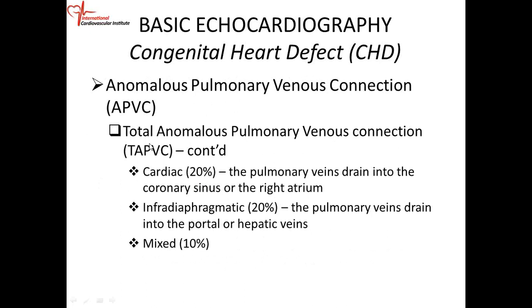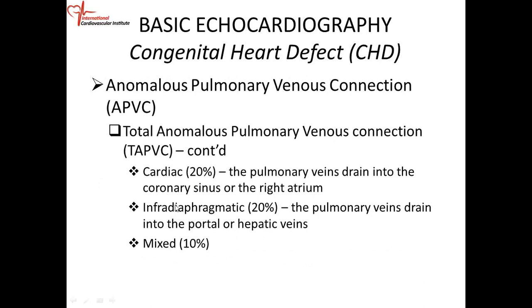Patients who have total anomalous pulmonary venous connection tend to have some other cardiac defect in about 20% of cases. The pulmonary veins can also drain into the coronary sinus or the right atrium.